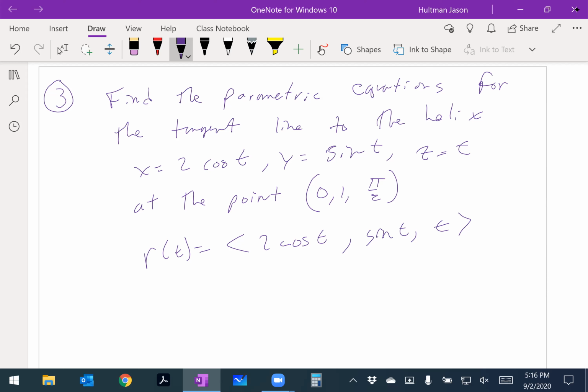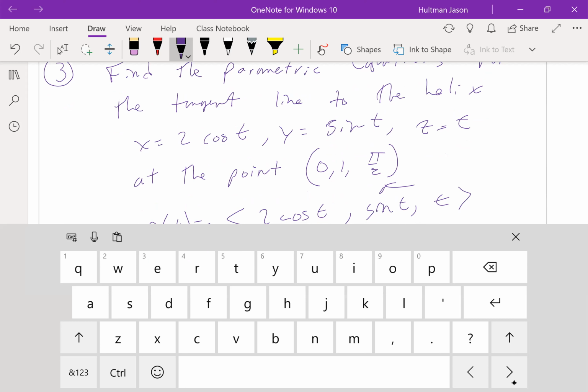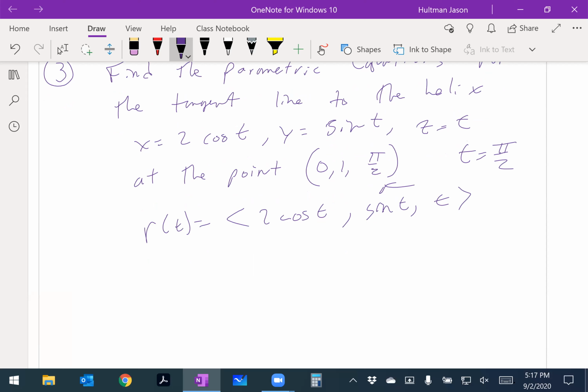So what's z? Isn't z equal to t? What's the z value here? Pi over 2. So isn't t equal to pi over 2? Right, so t is equal to pi over 2.